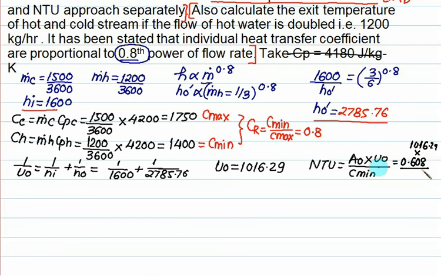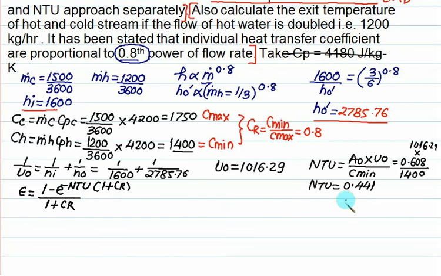C minimum is 1400, giving NTU. So from NTU you can calculate effectiveness. For parallel flow, effectiveness is given with CR as 0.8. Recalculate the modified value of effectiveness.